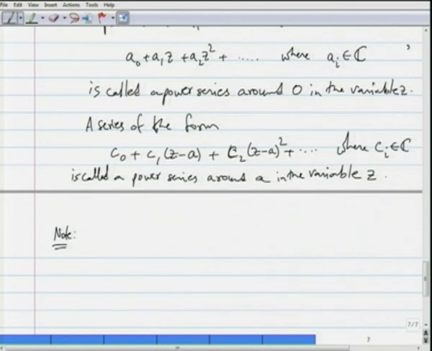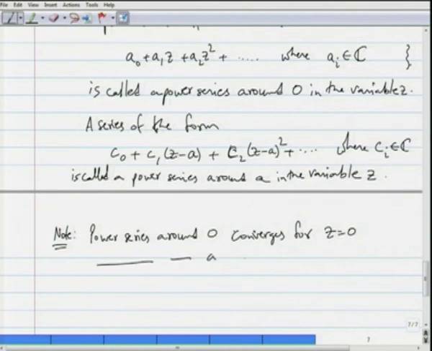the first series, if you have a power series around 0, for example, or more generally a power series around A, converges for one number at least, namely z equals 0, or a power series around A converges for z equals A. So, the set of points where this series converges is at least non-empty.